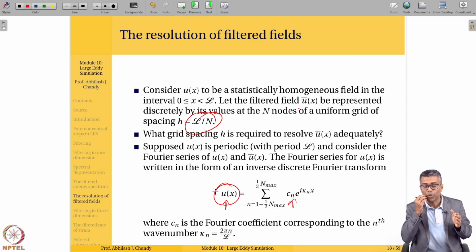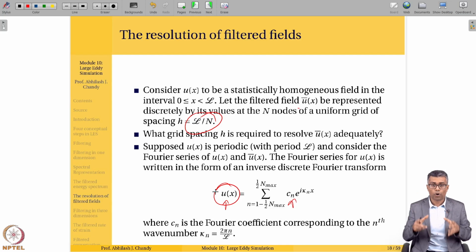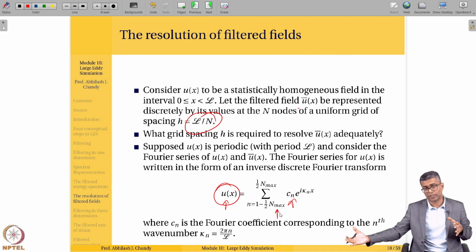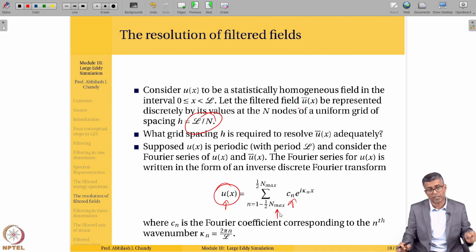If you are doing a direct numerical simulation, then your box is big enough to resolve all the length scales, and the grid size is small enough to resolve even the smallest length scale, which is the Kolmogorov scale. So that is why the maximum number of grid points is N max. On a grid that is large enough to resolve the integral length scales and with a grid size small enough to resolve the Kolmogorov scale, your maximum number of grid points in each direction is N max.